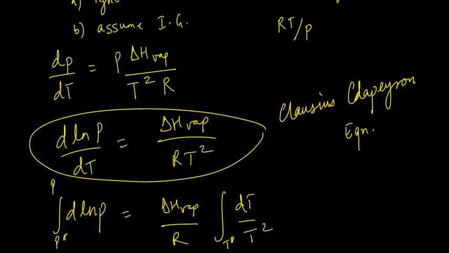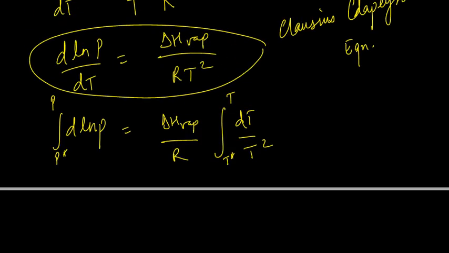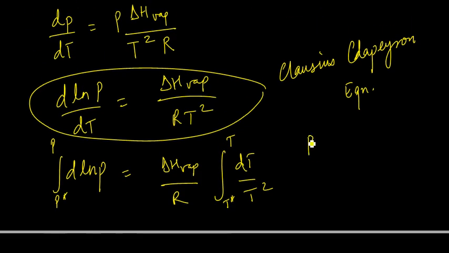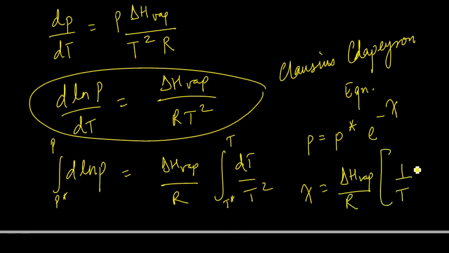It's not a complicated integral anyway, but what we get out of it is more interesting. What we get is P is equal to P star into e to the power minus chi, where chi is defined as delta H of vaporization by R times (1 by T minus 1 by T star).